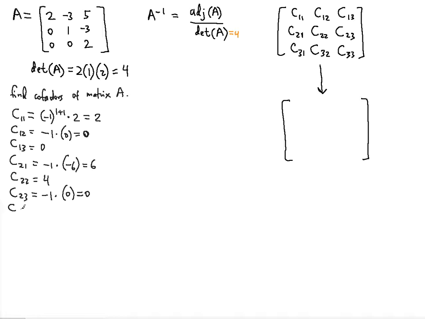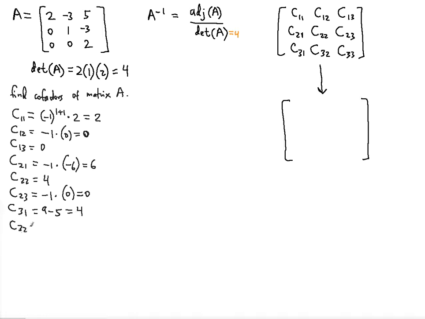C3,1: row 3, column 1. That's going to be positive, we don't have to write that. Dealing with these, because row 3 and column 1 are excluded, so dealing with these numbers, that's 9 minus 5, which is 4.